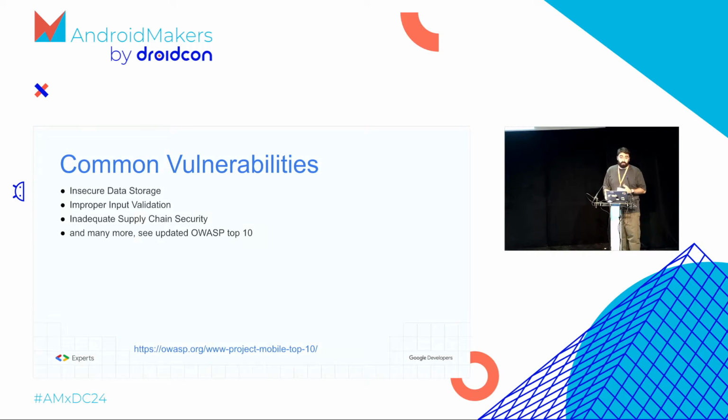So this still applies to Android, even though we pull everything from Maven. We still need to be sure that that's a correct dependency. And many more, so please refer to the OWASP top 10 to see the updated list.